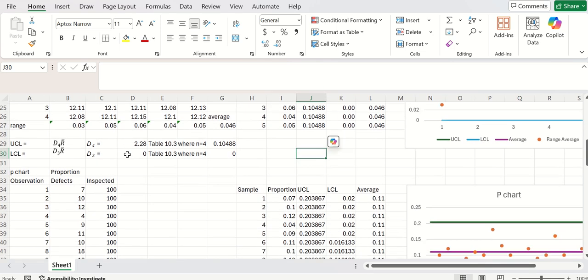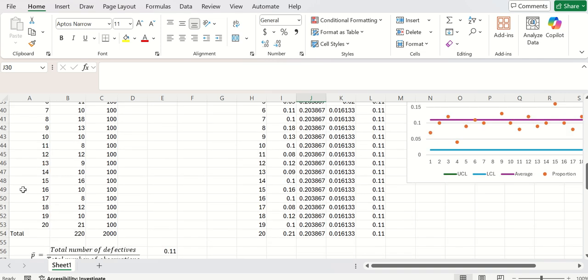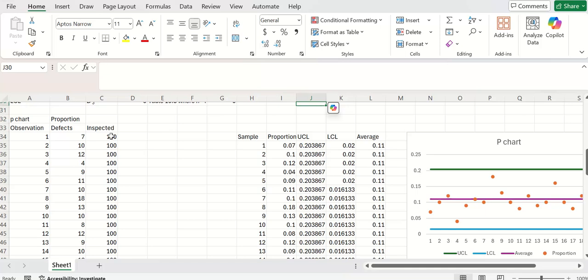Now let's change just a little bit and say, what about those times whenever I'm doing inspections and I'm really interested in the proportion of the items where I have a defect? All right, so on this one we have 20 days in a row where we've gone in and inspected 100 items each day. And when we're looking at these defects, what I'm looking at in particular is the proportion, right?